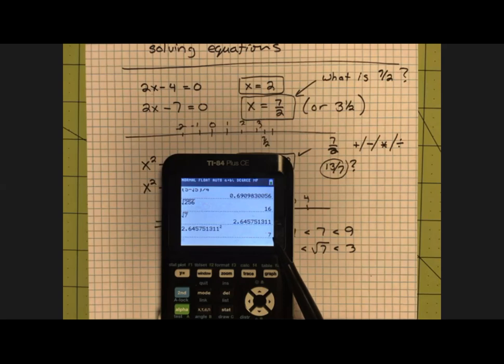Notice the calculator just says, oh yeah, square it, get 7. But this number goes on forever. When I square it and the calculator responds 7, what the calculator is saying is, that is so close to 7, I can't tell the difference, which is okay.